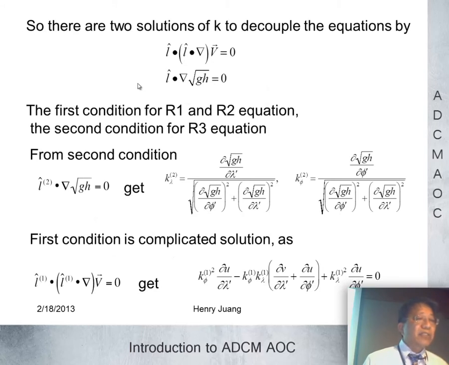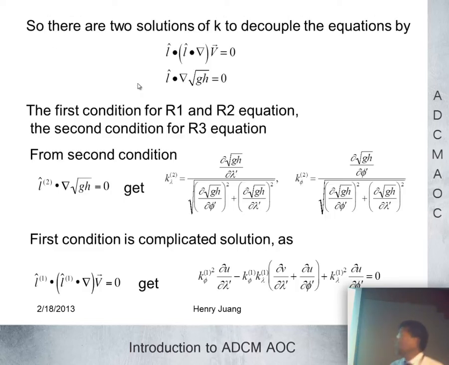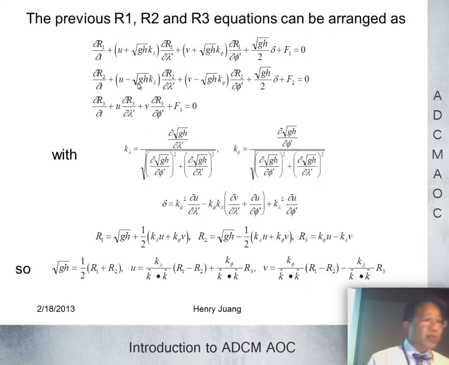Then the final step is how to solve the decoupled equation. We find the first condition is not easy to solve, but the second condition is much easier. So I use this condition to solve the total equation. Your equation becomes this, and we have a Riemann invariant over this one and this one.